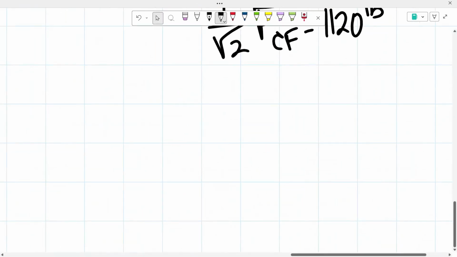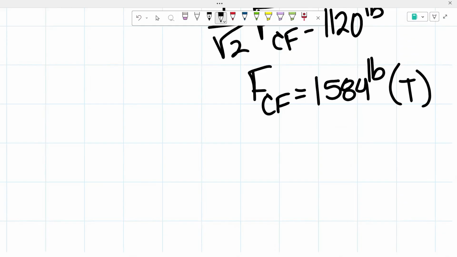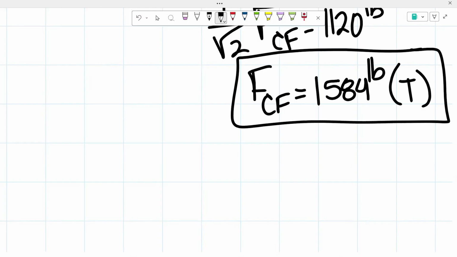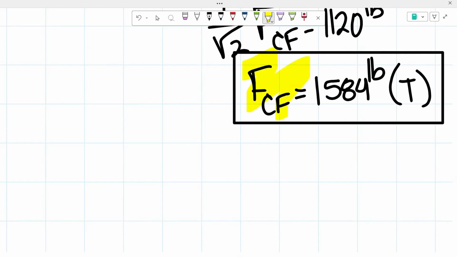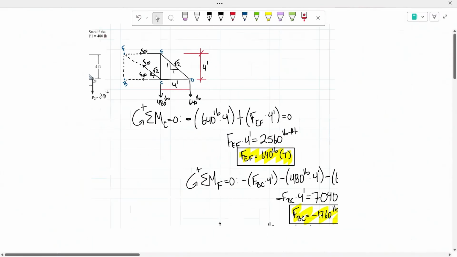So if we were to solve for the force of the bar CF, we would end up getting a value of 1,584 pounds. Since we got a positive number, it means that we assumed correctly, so that means that it will be in tension. So with that, we were able to determine the forces of the 3 members that were asked.